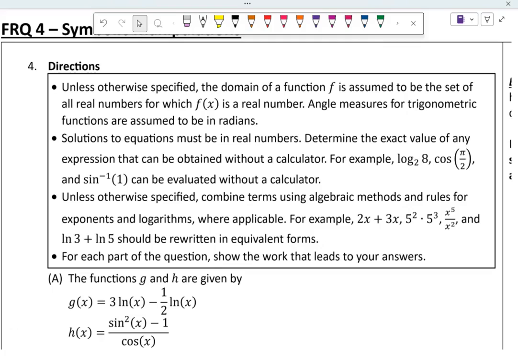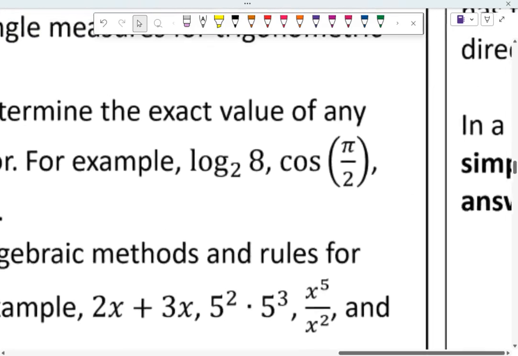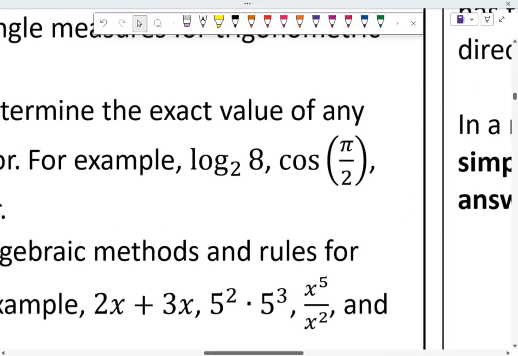Determine the exact value of any expression that can be obtained without a calculator. For example, log base 2 of 8, cosine of pi over 2, and sine inverse of 1 can all be evaluated without a calculator. So let's talk about these, starting with log base 2 of 8. How can we do that without a calculator?